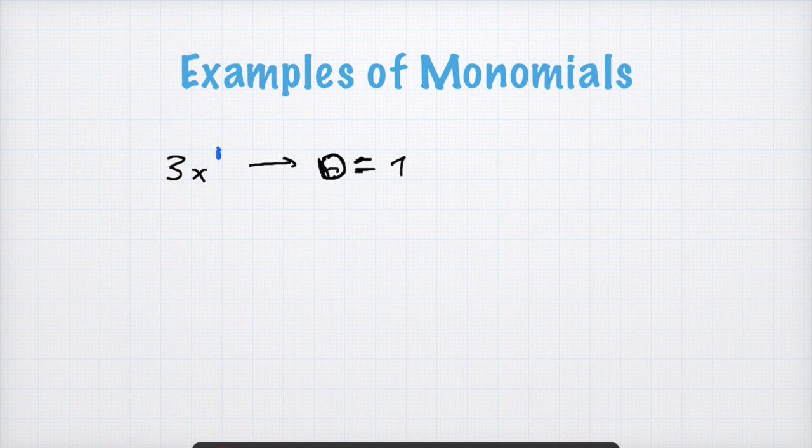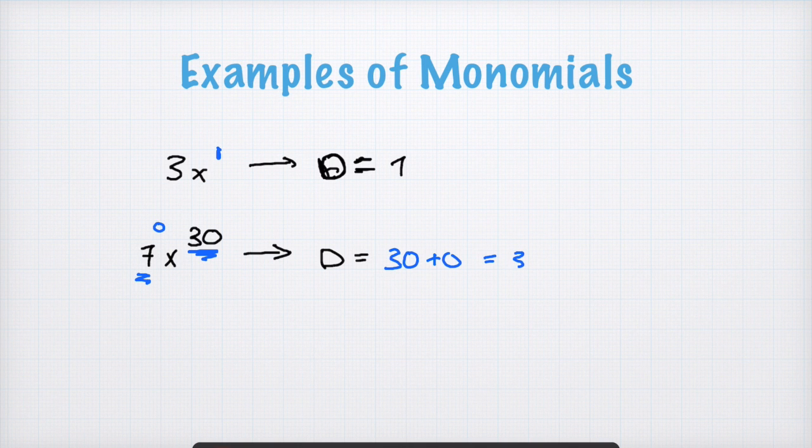Let's do 7x to the 30th. Well, our degree is still going to be our power. And so right here you have the x, the variable, that's been raised to the power of 30. You also notice that because we have our number here, our constant, times into that, its degree is 0, so you have 30 plus 0 is equal to 30. So its degree is 30.